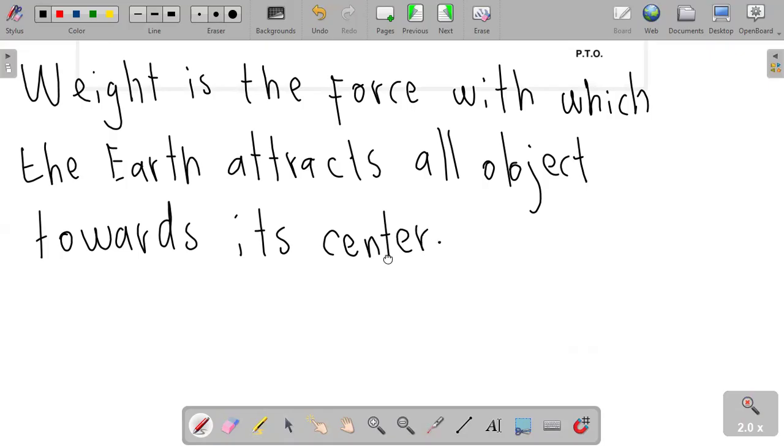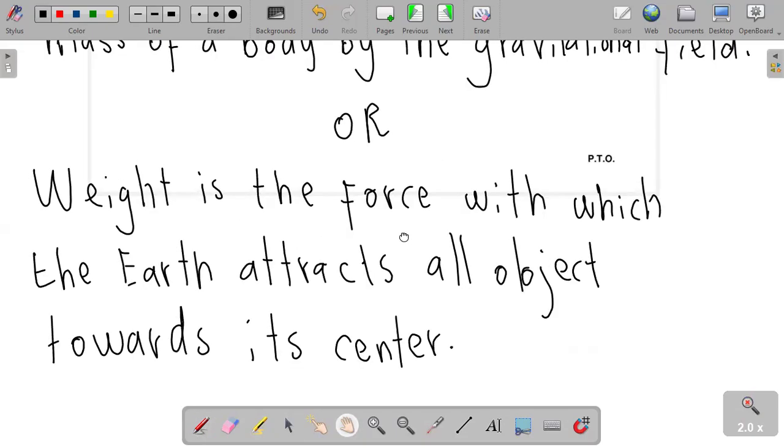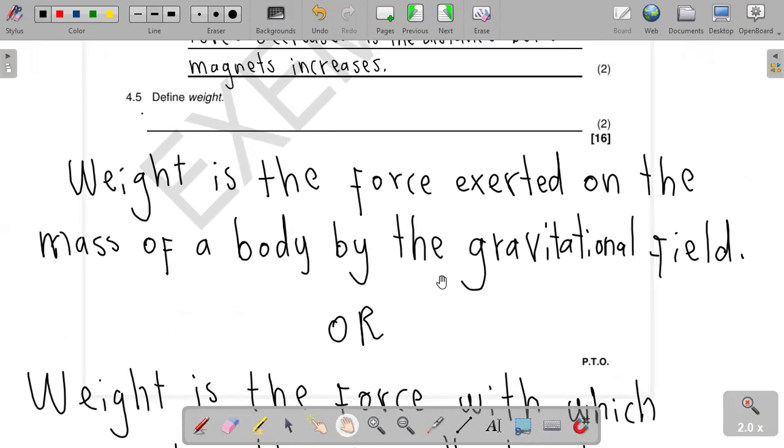So these are the definitions, you can use the second definition or the first definition. It doesn't have to be both. Okay, you can choose one. You can choose this, or you can choose that. Okay.